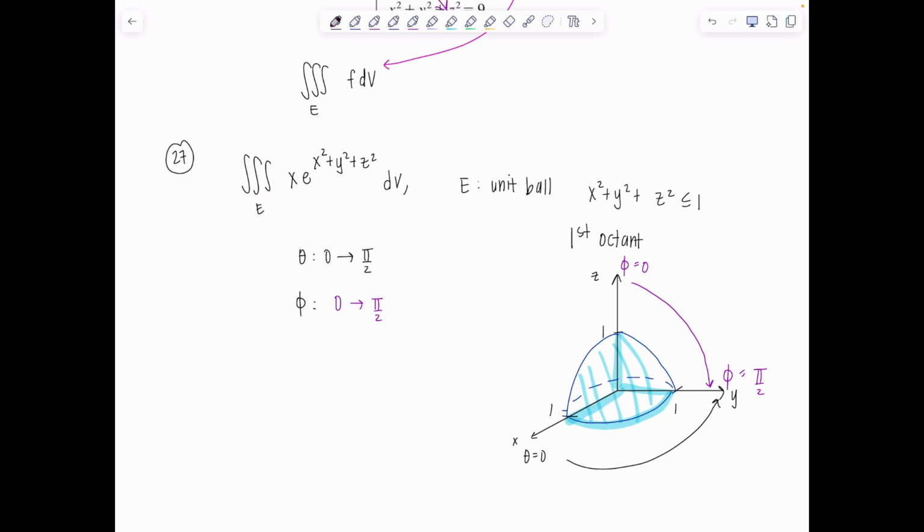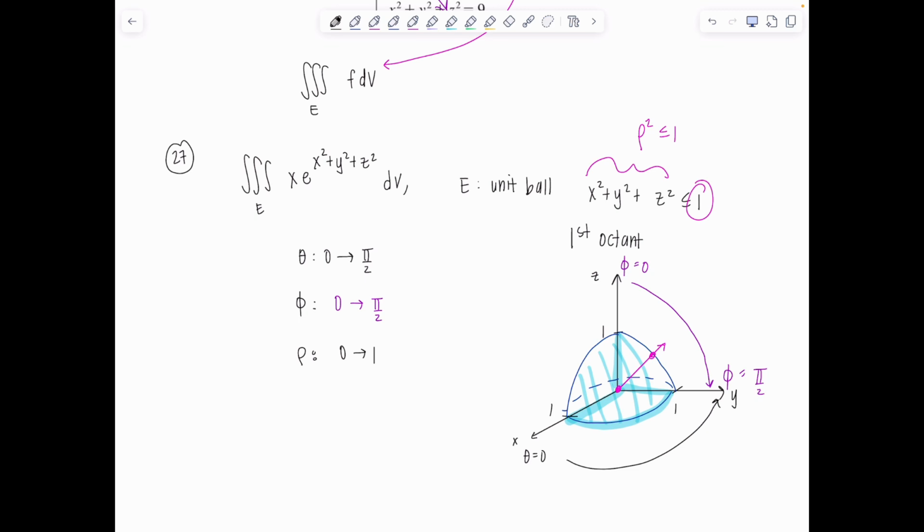And then what about rho? We go from the center, 0, to 1, right? This is rho squared less than or equal to 1, so same as rho less than or equal to 1.